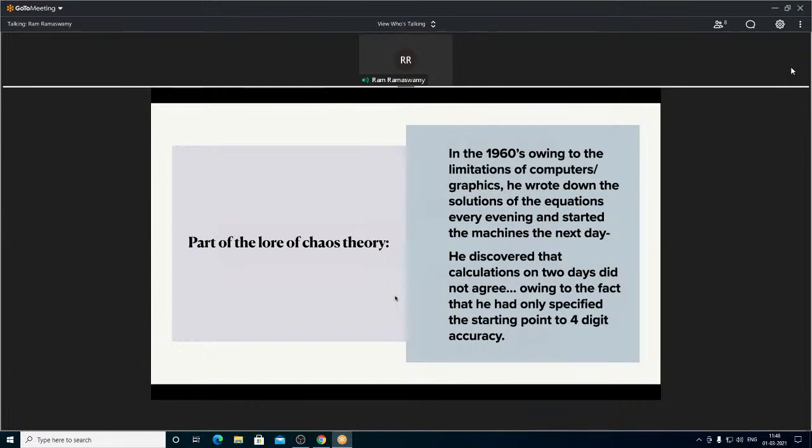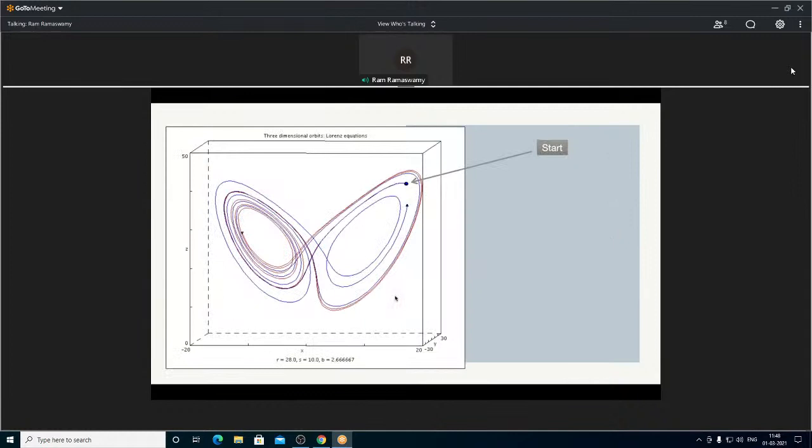And when he did the calculation on 2 different days, what he observed was the following. Starting with a very, very small change in the initial condition led to huge changes as time went on. So starting over here with 2 initial conditions, one of which is colored red and one of which is colored blue, after a while, the red and the blue separate from one another.